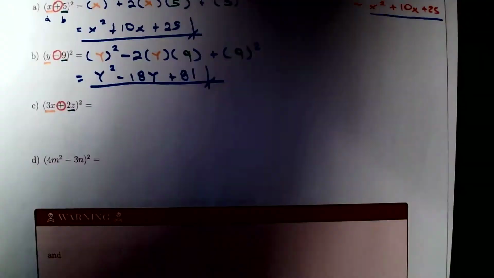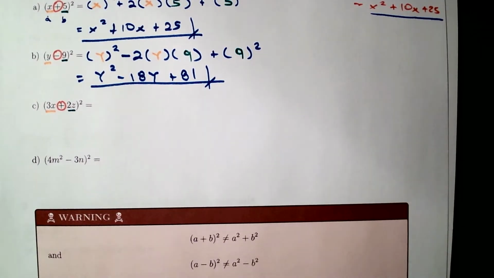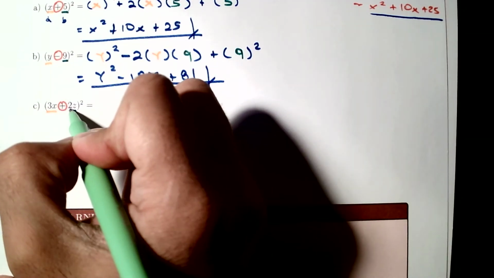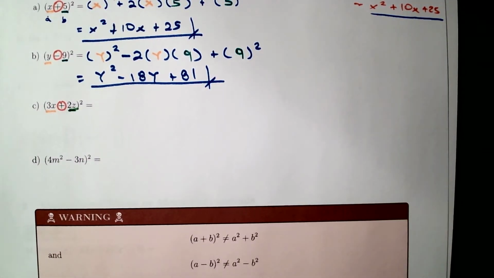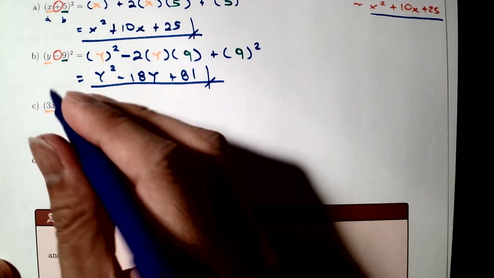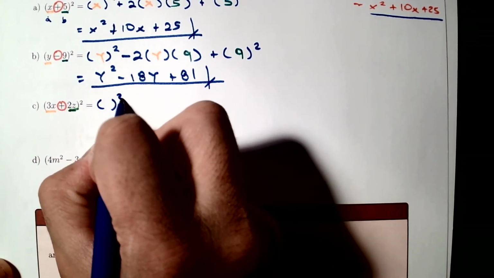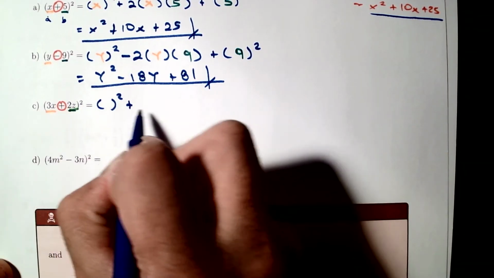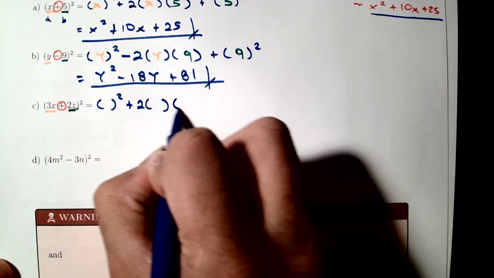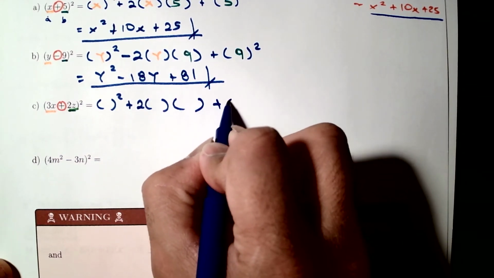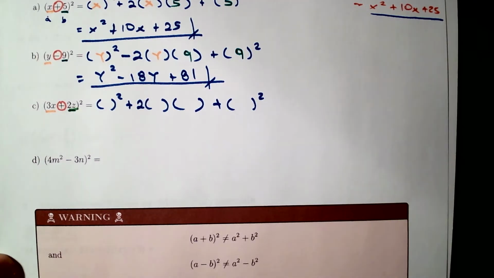So in this case, I should use a lighter shade of green so it's easier to see. So I'm gonna have quantity squared plus, because of the positive sign, 2 times quantity plus quantity squared.